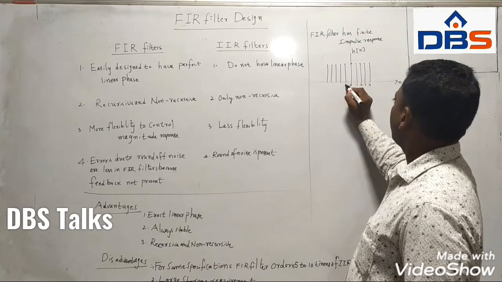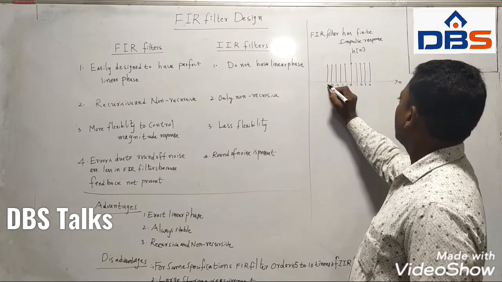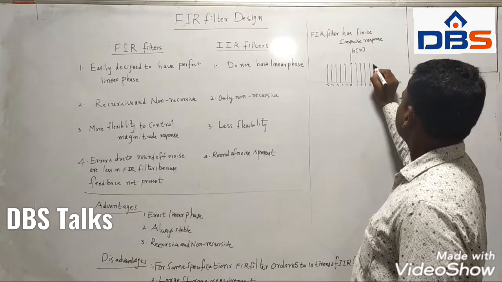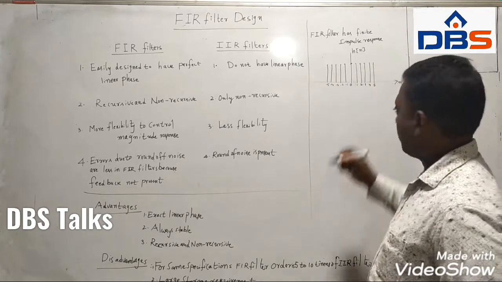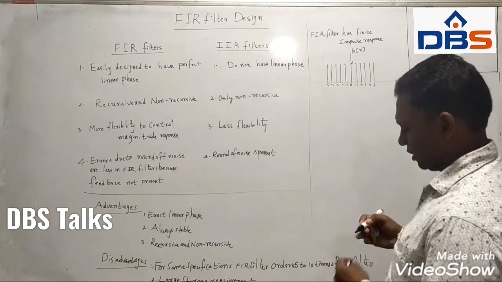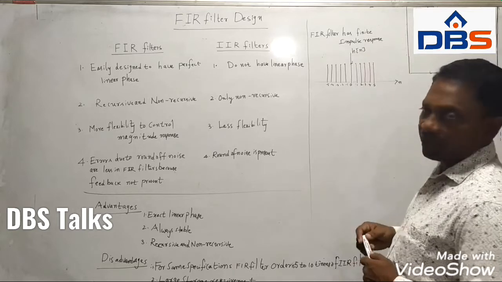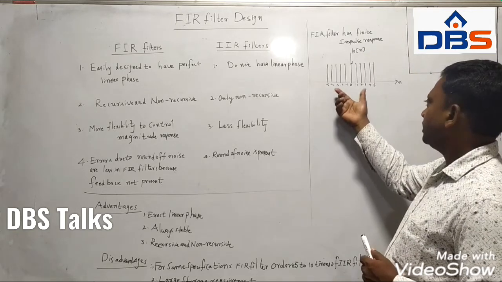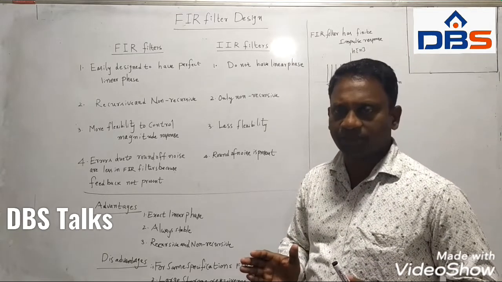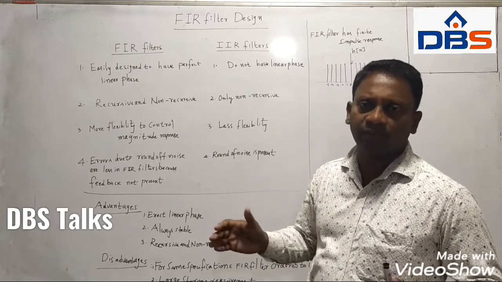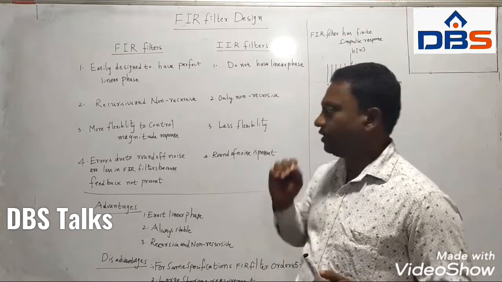This side minus 1, minus 2, minus 3, minus 4, minus 5, like this, plus 5. Okay, all the impulses have the unit magnitude. So this is an example of an FIR filter which is having a finite impulse response. Okay, FIR filters have the finite impulse response, and IIR filters have infinite impulse response. That is the main difference between FIR filters and IIR filters.